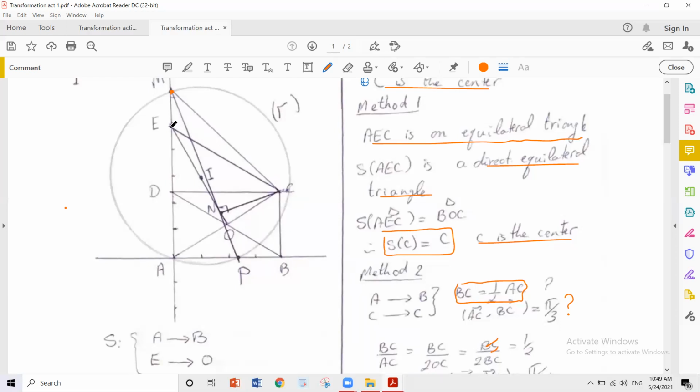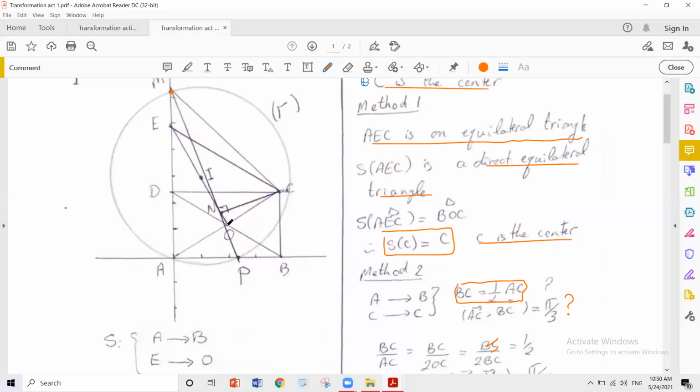EAC is equilateral. EP is the perpendicular bisector of AC. Then IA equals IC, then I belongs to the circle.